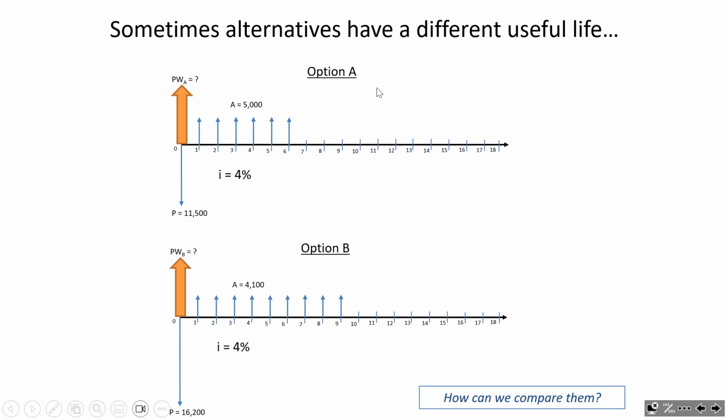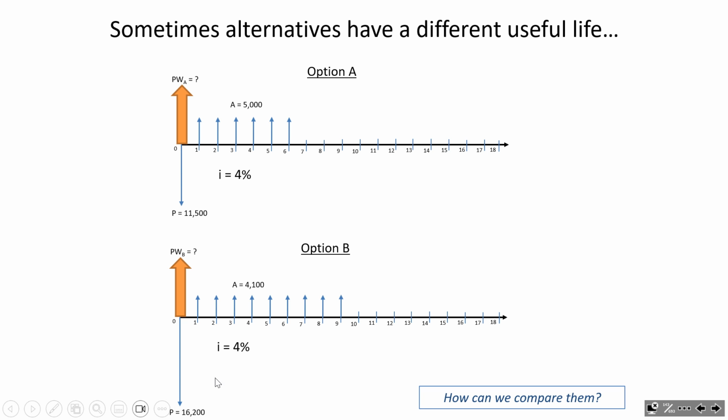So if we choose option A, this is what's going to happen. And then at the end of the 6 years, it looks like we just roll that equipment into the river. It has no salvage value. So the only money we're going to get is our profits over time.